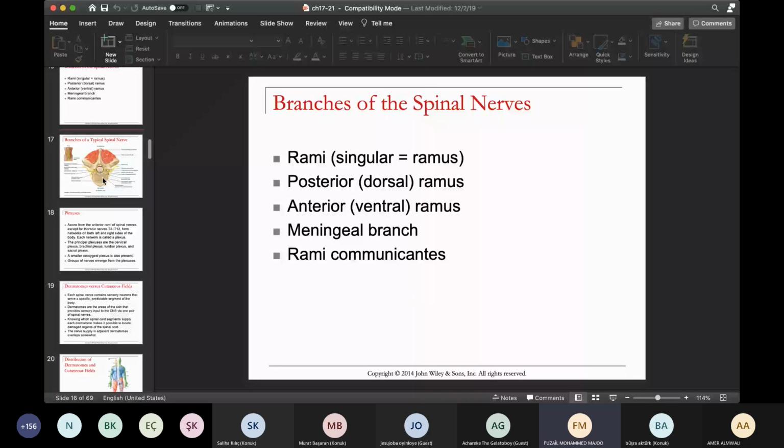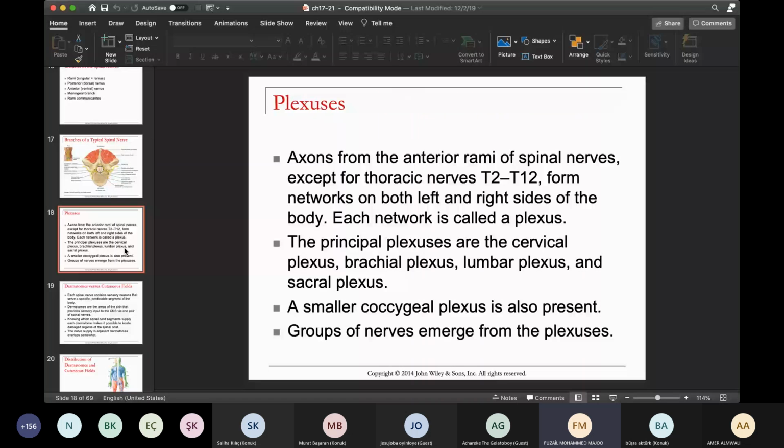Okay, plexus. Let's look at the plexus now. So axons from the anterior rami of the spinal nerves, except for T2 through T12, don't go directly to the body structures they supply.